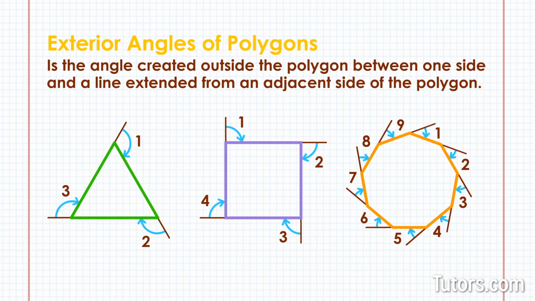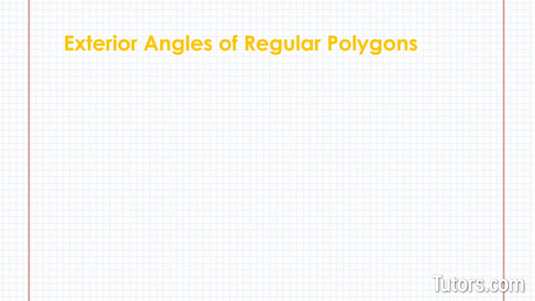The interior and exterior angles will always add to 180 degrees, so they are supplementary. On irregular polygons, you have no way of knowing the measure of exterior angles. On regular polygons, you can use a formula to know each of the shape's exterior angles, since they will be congruent. Exterior angle equals 360 degrees divided by n.